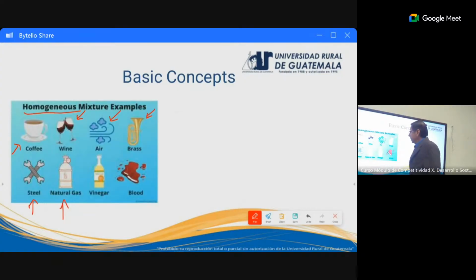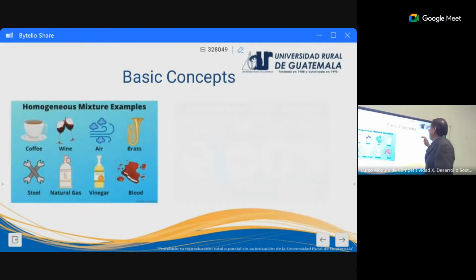In this case, that is the gas, or maybe vinegar. That will be a mixture of liquid plus liquid, or the blood. That is the liquid that we have in our bodies. That is a mixture of different components that we're going to check on the next slides.